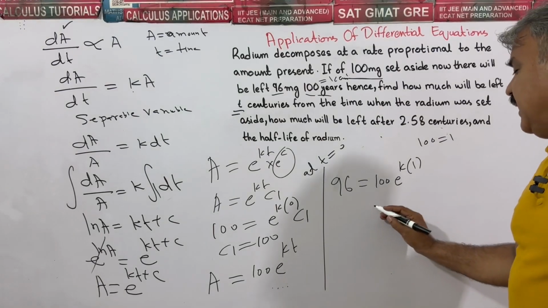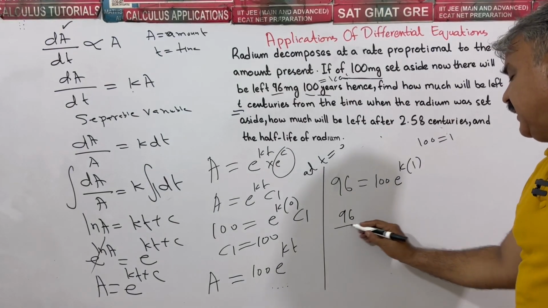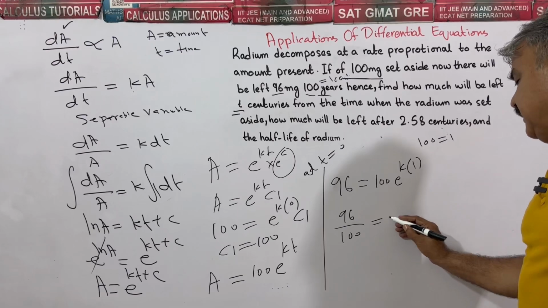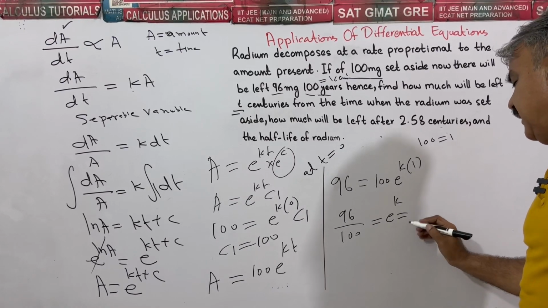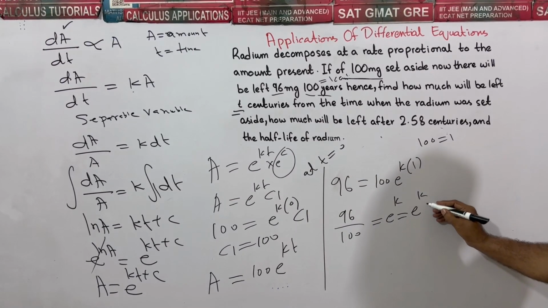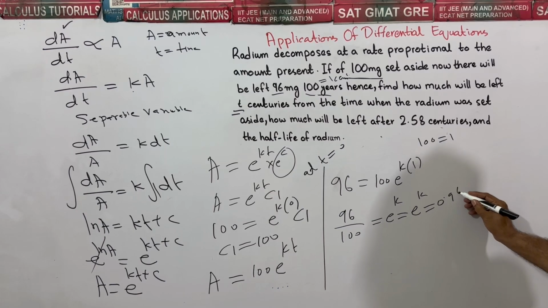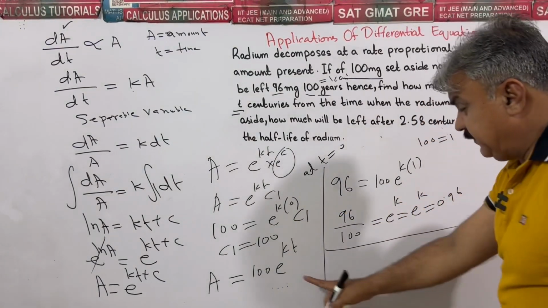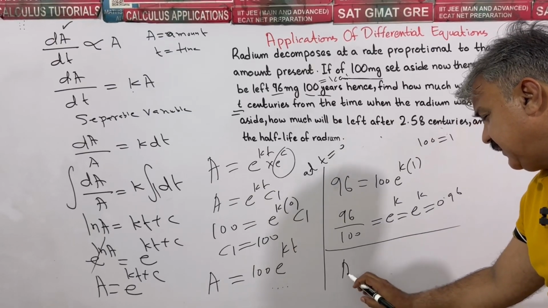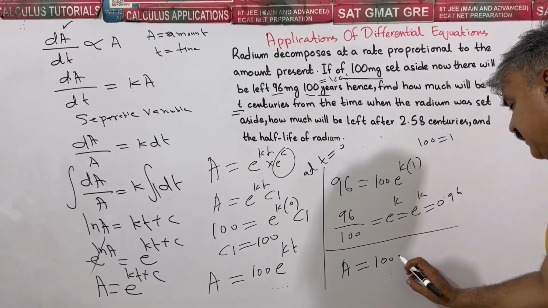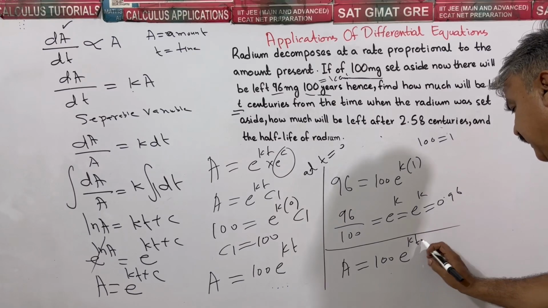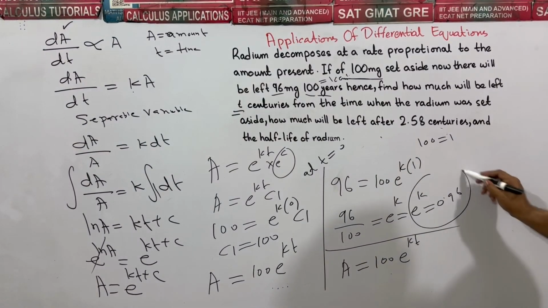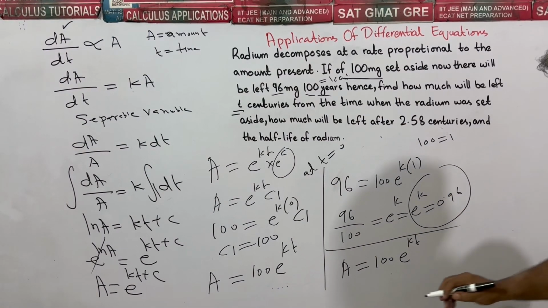So I can easily find the value of e to the k: 96 over 100 is equal to e raised to k, so e raised to k is equal to 0.96. A is equal to 100 times e raised to kt, and instead of e raised to k, I can write 0.96.